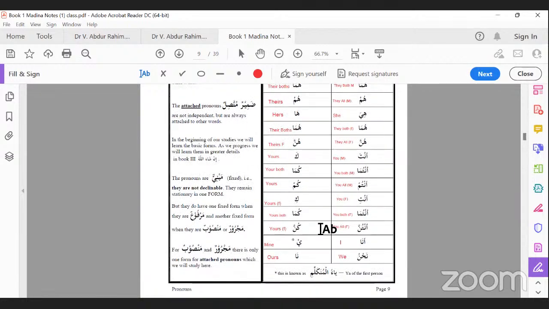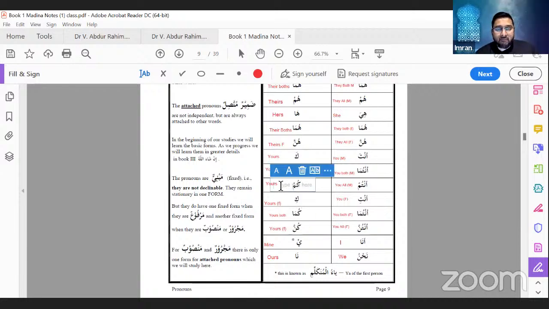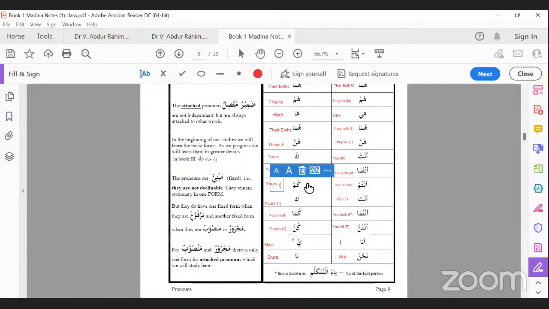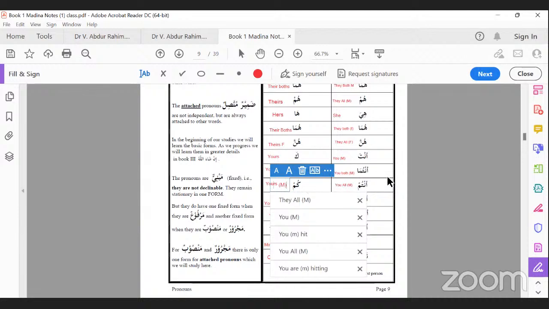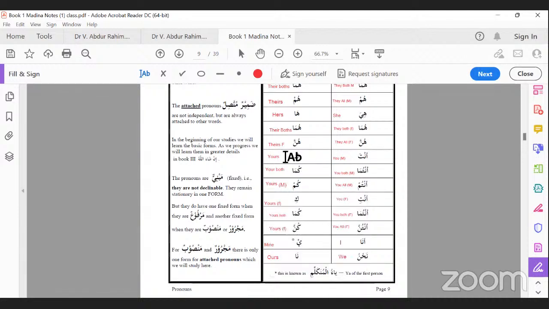Kum, yours, all plural. From now it's all plural. Ki, yours, for female. Kuma, your both female. And kunna, yours, all plural. Ya, mine, and na, ours.